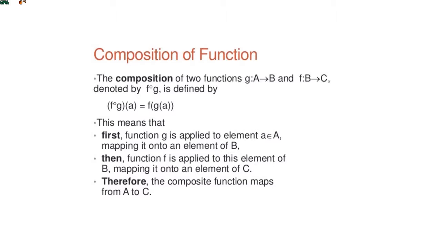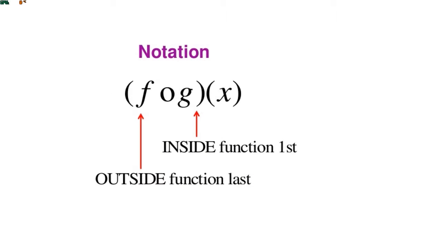This means that first, function g is applied to element a, mapping it onto an element of B. Then, function f is applied to this element of B, mapping it onto an element of C. Therefore, the composite function maps from A to C. In this picture, you can see that the outside function is f and the inside function is g.